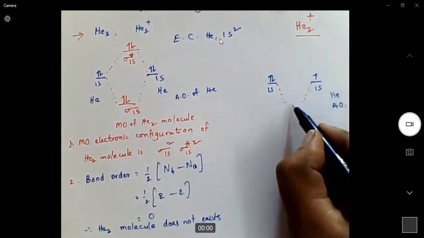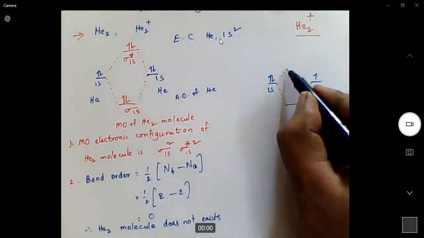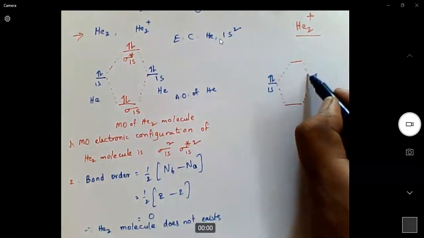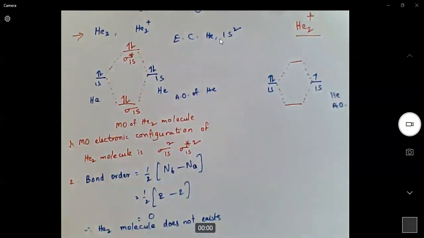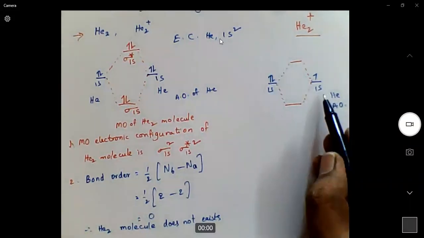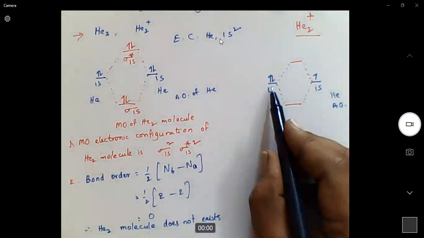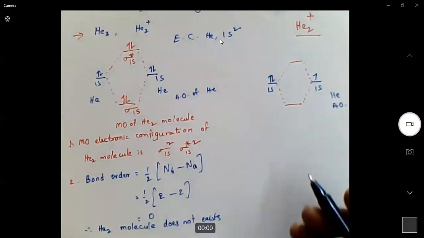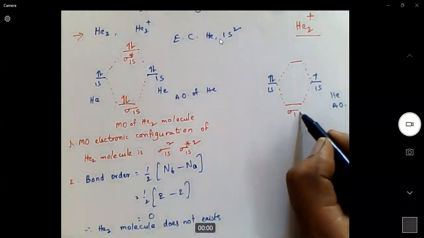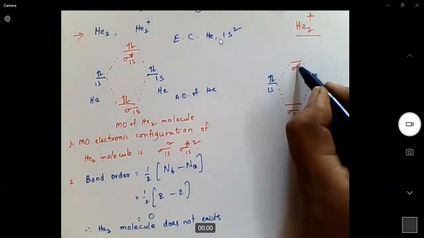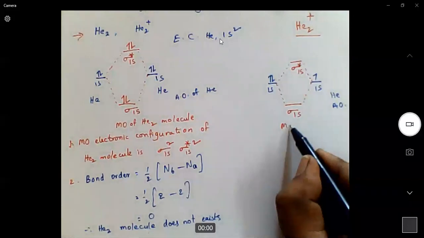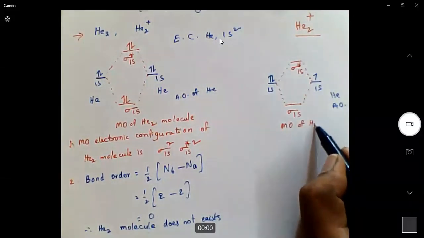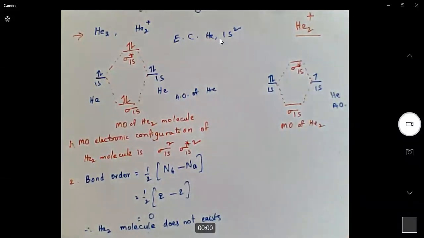We need to remove one electron, then only we will get plus one charge. So for that, I have removed one electron in one of the helium atoms. In one helium atom, we have two electrons. In another helium atom, we have one electron. So these are MOs, sigma 1s, sigma star 1s, MOs of helium molecule.